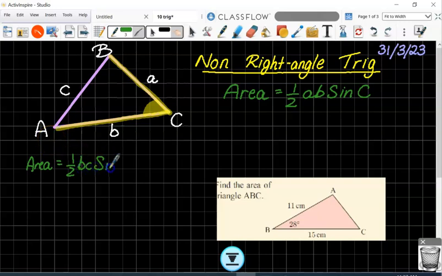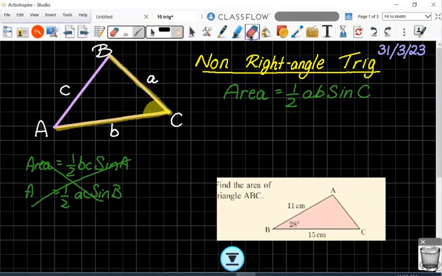But it would then have to be sine of angle A. I could go area equals a half, I've done bc, I could go ac. And then it would be sine of B. But we don't care. We're not going to label them A, B, C. All we're worried about is that it is 2 lengths surrounding the angle. Correct? Are we good?